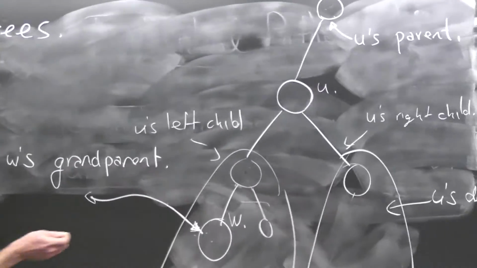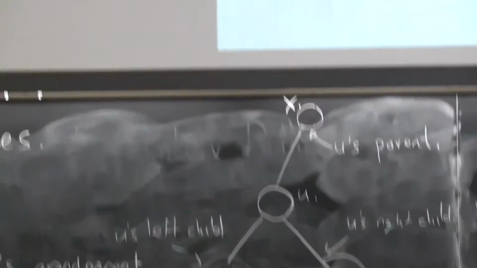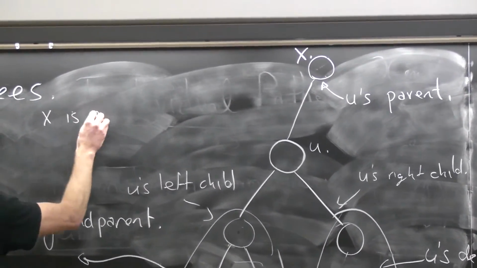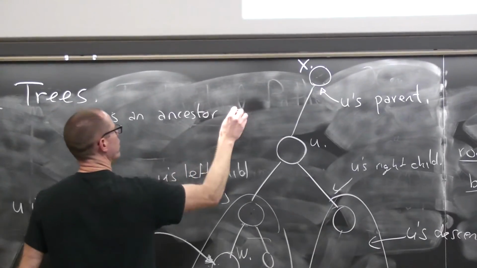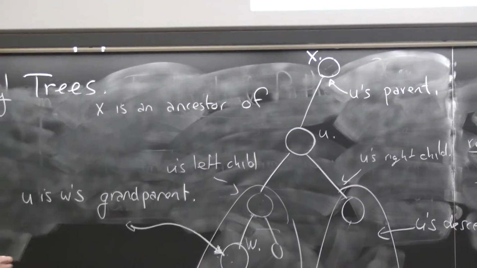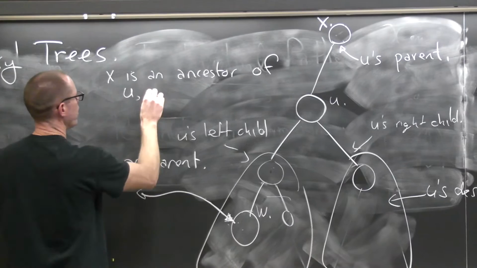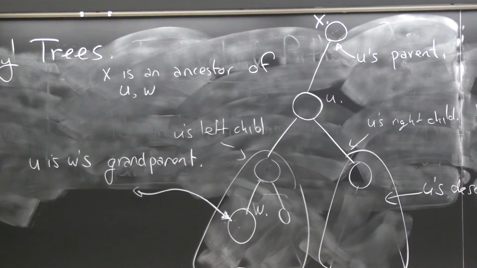And this guy up here, let's call him X. We say things like X is an ancestor of, well, pretty much everything in this picture. He's an ancestor of U, he's an ancestor of W, he's an ancestor of everything in all of these subtrees here.